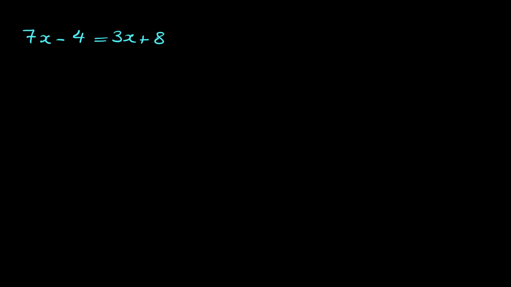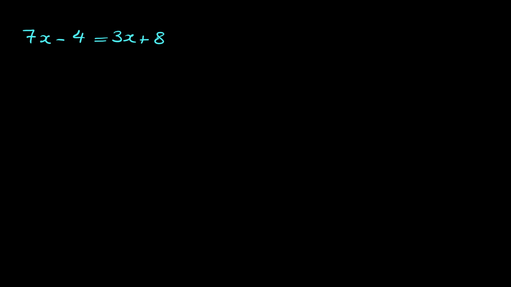7x minus 4 is 3x plus 8. For this example also, I am going to show you both methods. First, we notice that we have a negative 4 here, but we want to have the unknown on the left, just 7x. So we want to get rid of this negative 4.